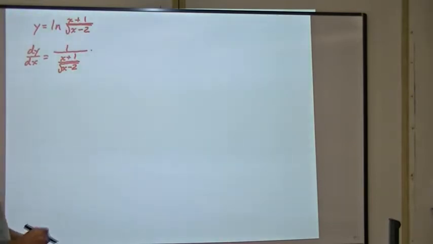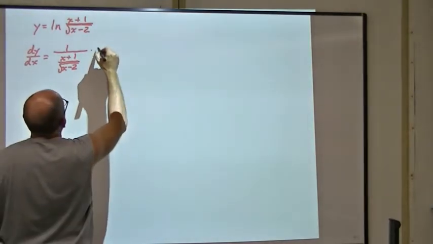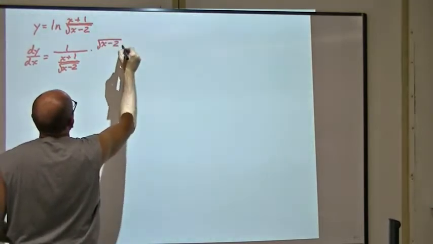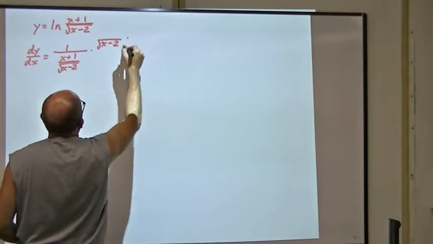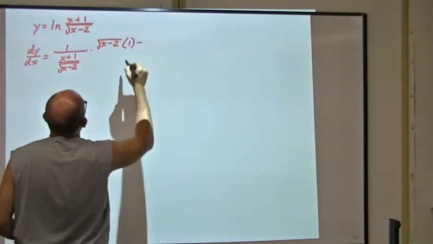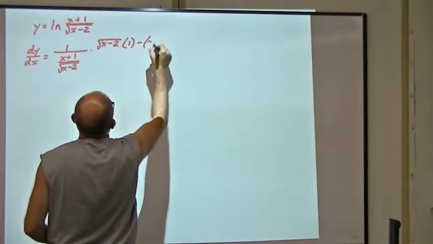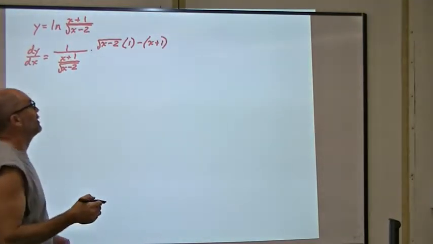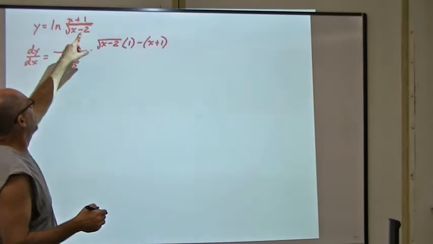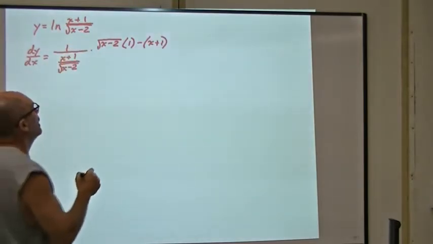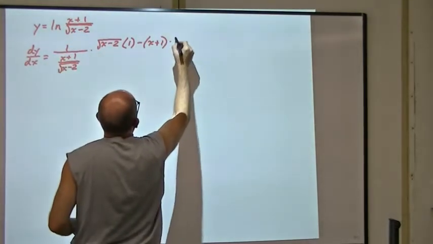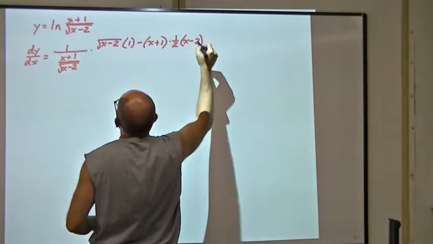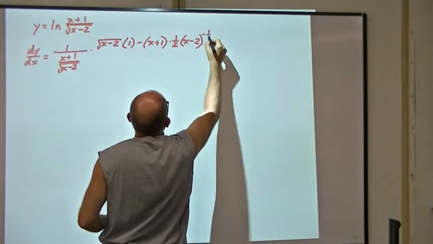So how do we do that? Well, we've got low d high minus high d low. Now, d low is going to be, remember you have the x minus 2 to the 1/2 power, so we've got 1/2 times x minus 2 to the negative 1/2 power.